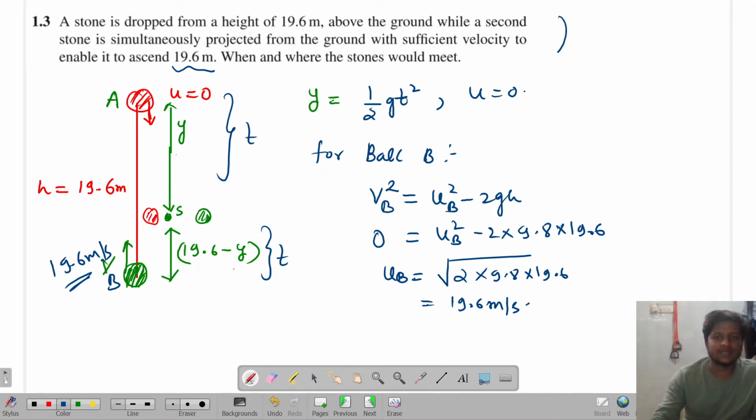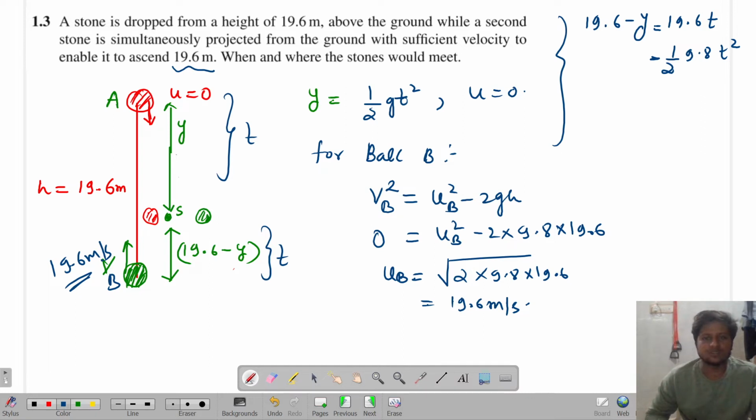So for ball B, I can write again the displacement equation or not. 19.6 minus y is equal to, what is common for them? Initial velocity, that is 19.6 into time t minus half of g, that is 9.8 into t square. Yes or no? This will be the equation or not?